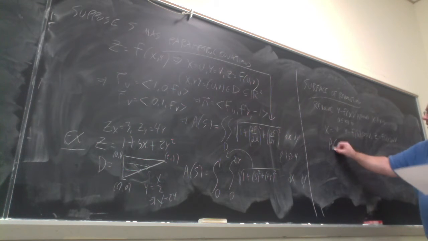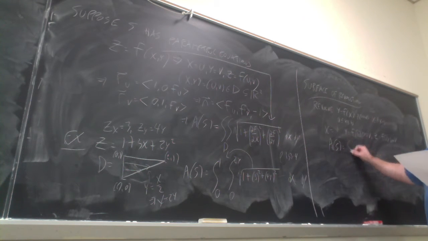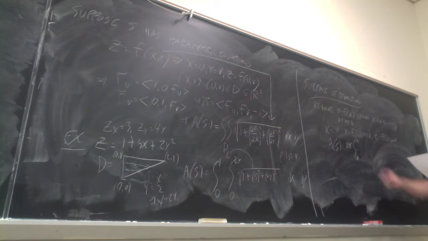So the area of a surface of revolution is the integral from a to b of 2 pi, times f of u, times the square root of 1 plus f prime of u squared, du. So everything I've shown in the more general case, for this special case, works out to be this. But this is around the x-axis.